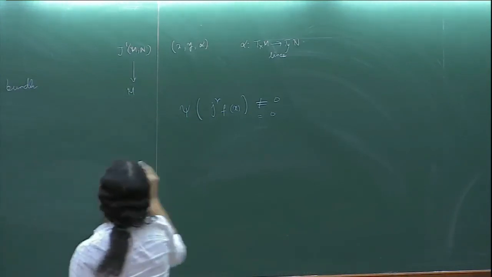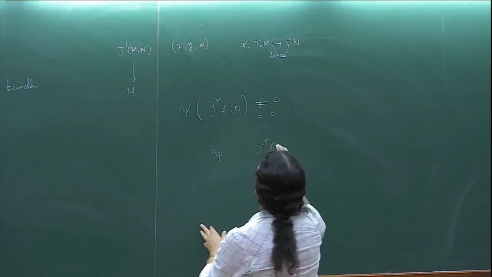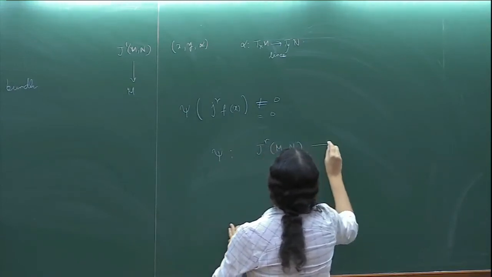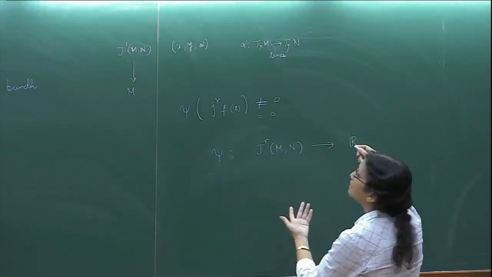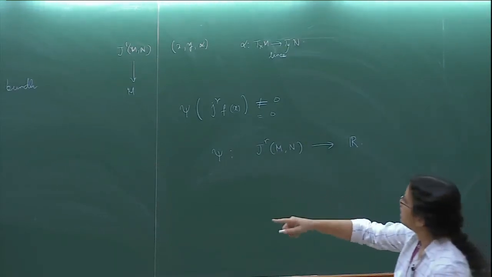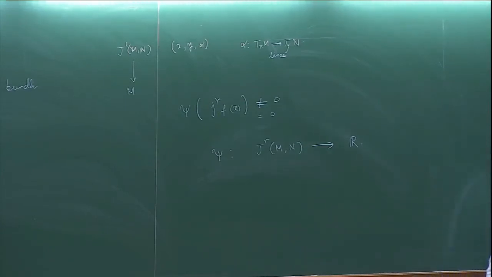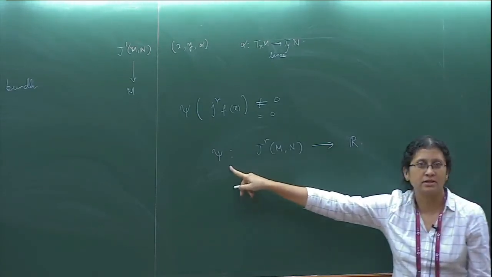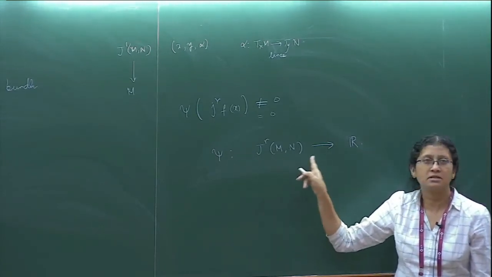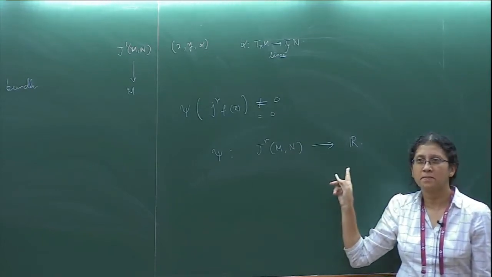That means your psi is a function defined on the r-jet bundle into, say, the real numbers. If there is just one equation or one inequality, I can view that equation as defined by such a function psi. So any partial differential equation means there is some relation, and that relation psi is just a functional relation. So this is a function on the jet space.